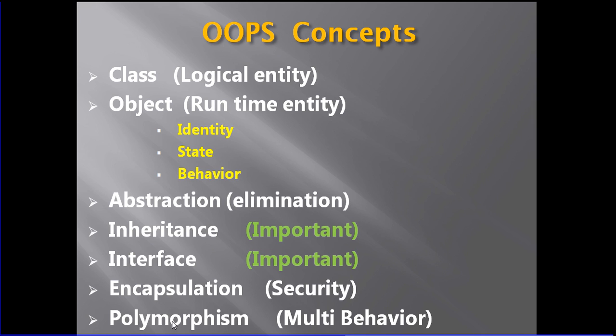Now I am going to tell about polymorphism. What is polymorphism? Poly means many, morphism means behavior. Every word contains the detail. So multi behavior. I am one person, you are also one person. You have relatives, friends, father, mother, uncle, father-in-law, mother-in-law.